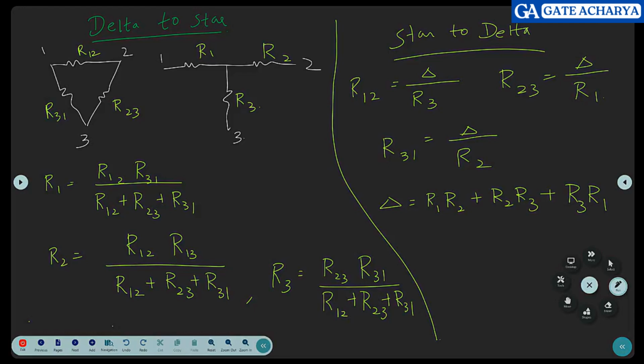All right. I could see a question here. See if we can solve it. This is kind of an old GATE question from around the 2000s. 5, 30, 15 ohms.